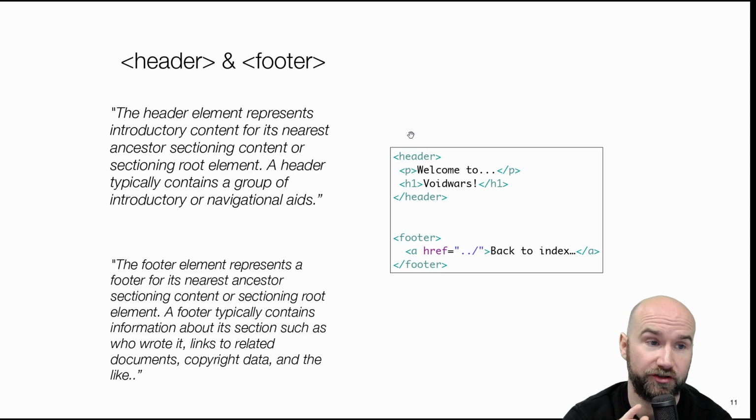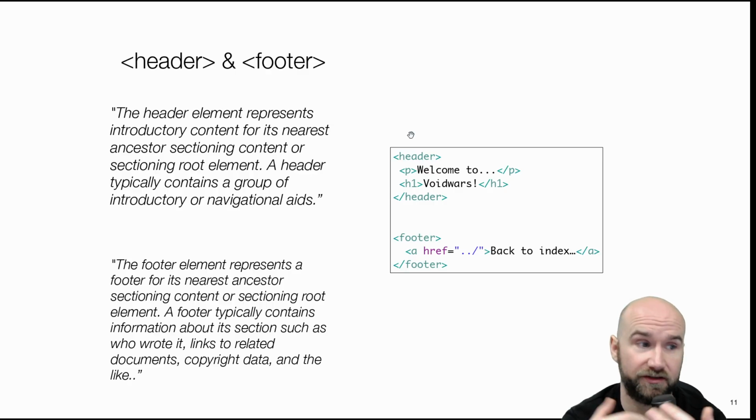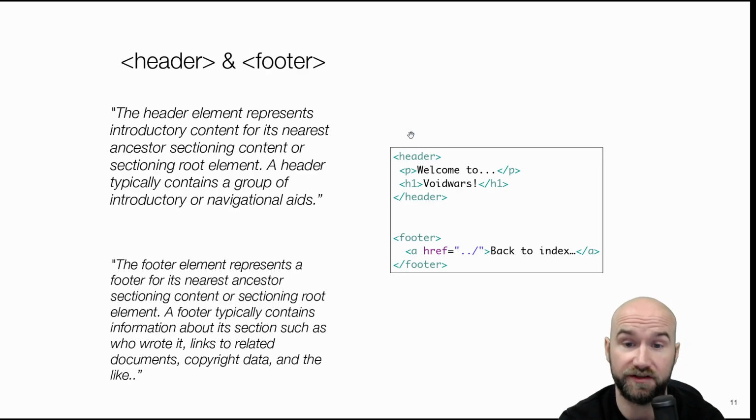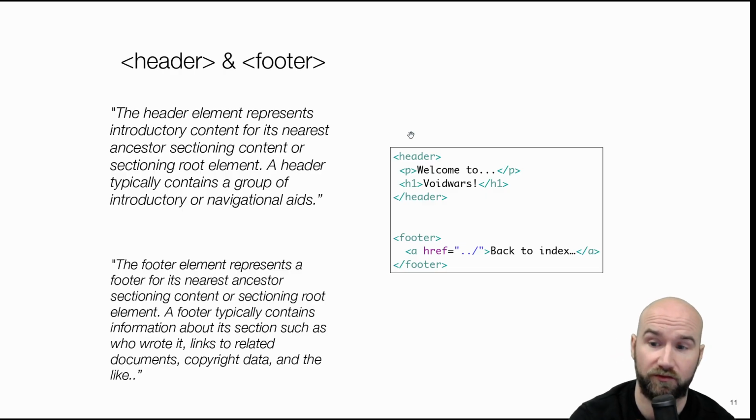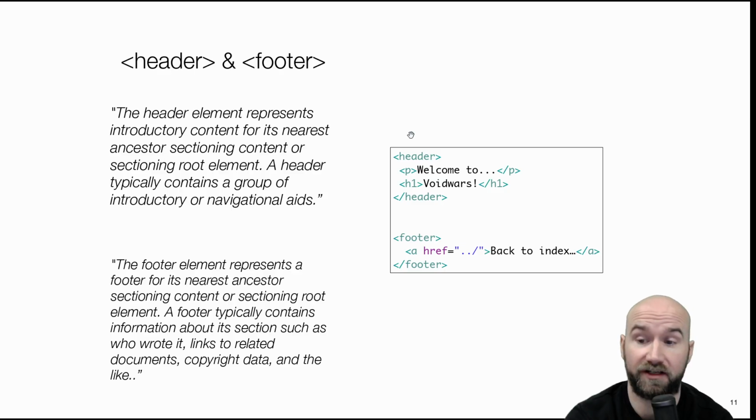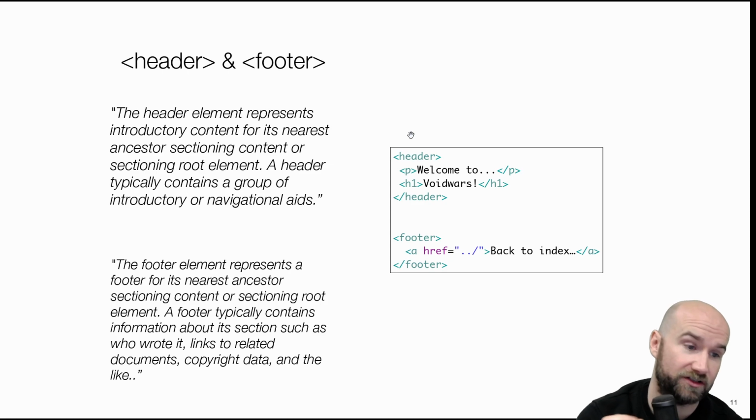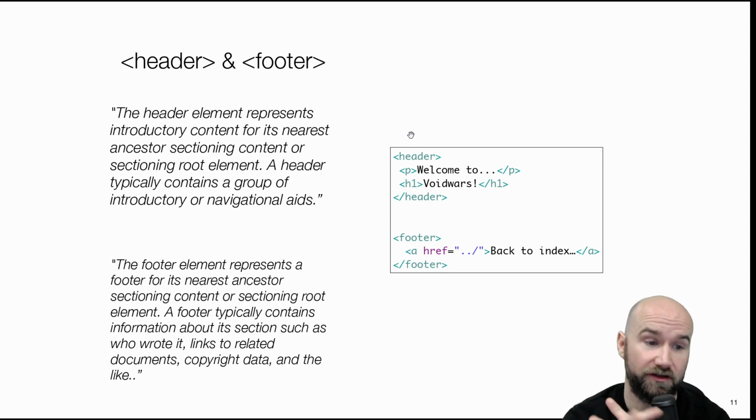We have the header and footer. The header is introductory content for its nearest ancestor section. That just means the header is most likely one of the first tags within a tag like an article or a main, and it can contain navigational aids as well. A footer is for the nearest ancestor section, sectioning content, or the root element.